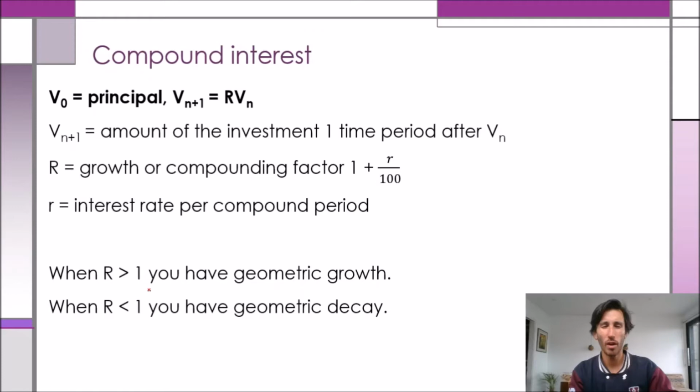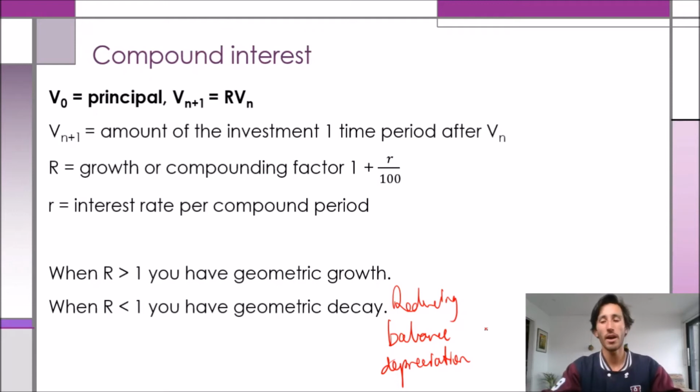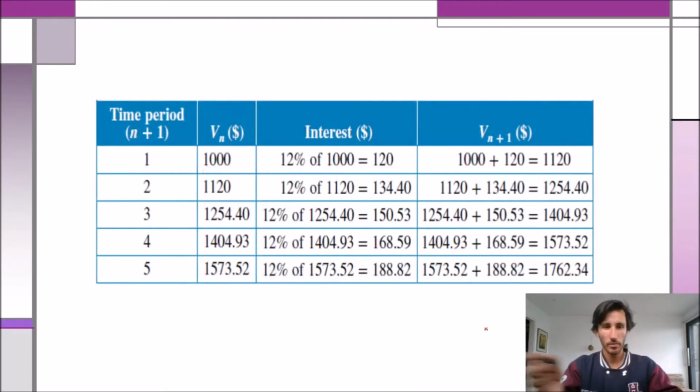When R is greater than 1, you have geometric growth. When R is less than 1, you have geometric decay. So geometric decay is not actually compound interest, it's actually reducing balance depreciation. And we'll look at an example of that in a bit.